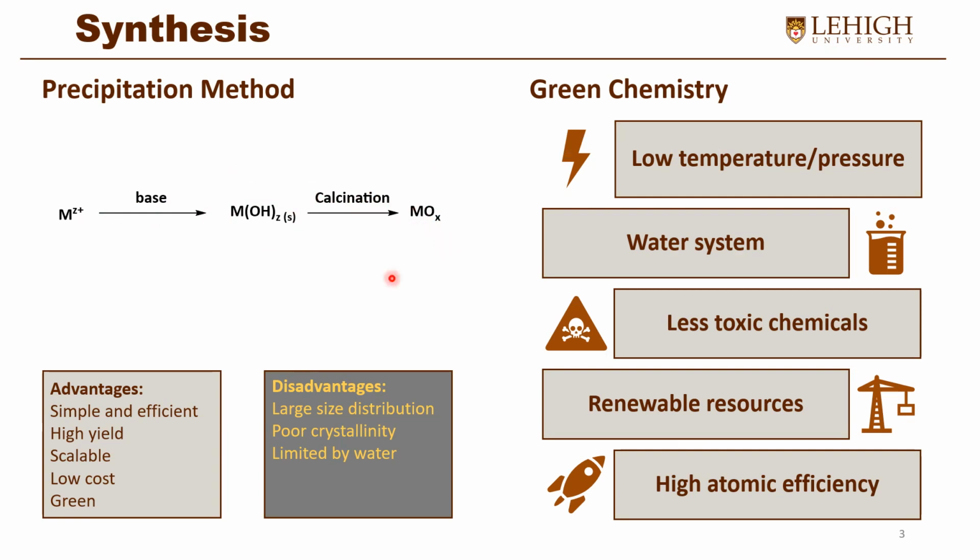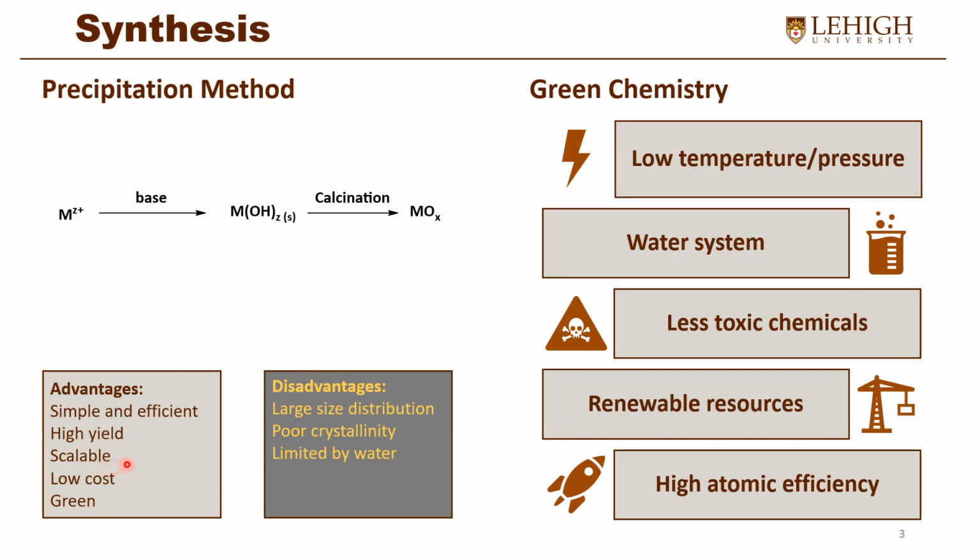This method has some advantages. It's easy to operate: just add reagents, collect the precipitate, and calcine at high temperature. The yield can be very high because most of the metal ions can be precipitated.